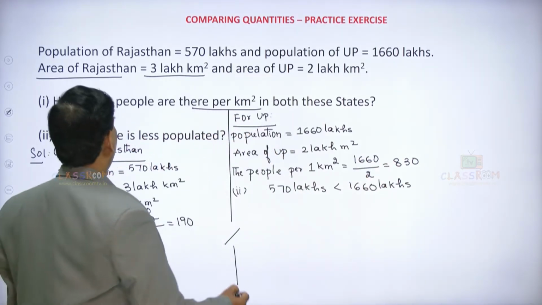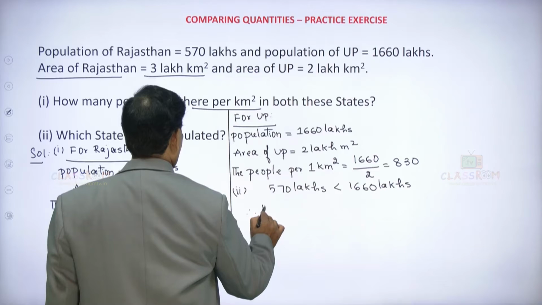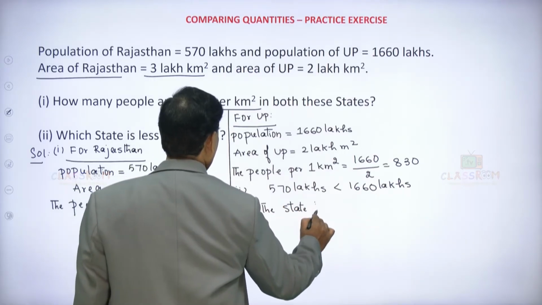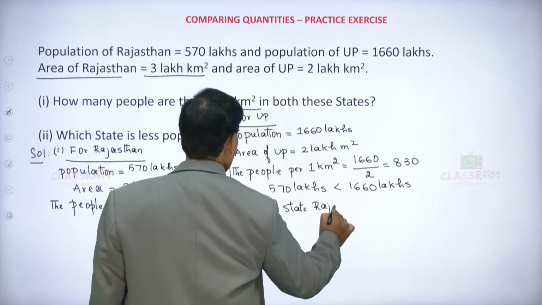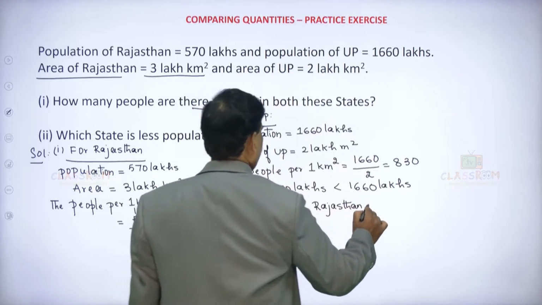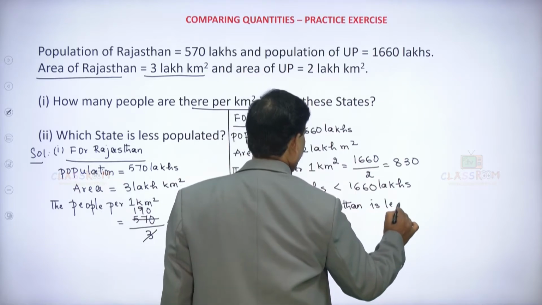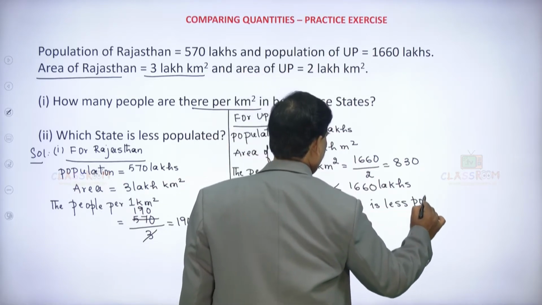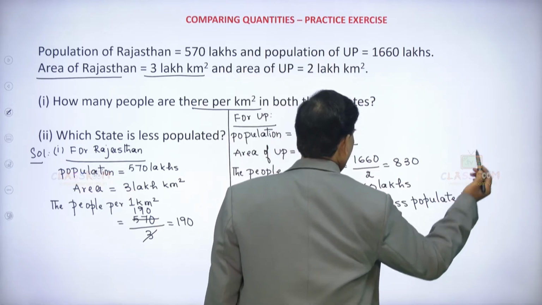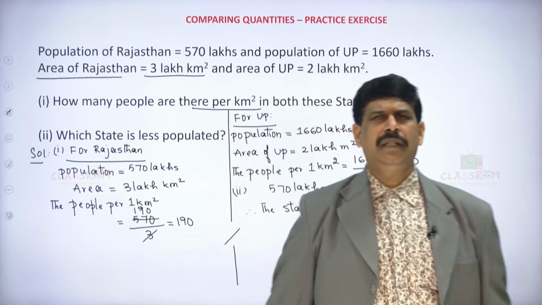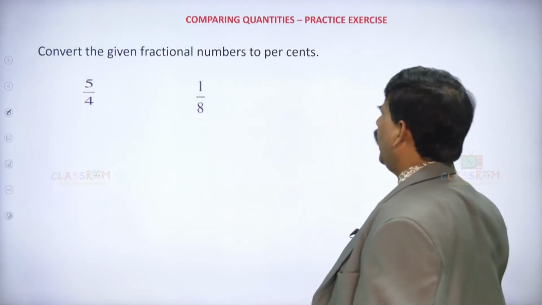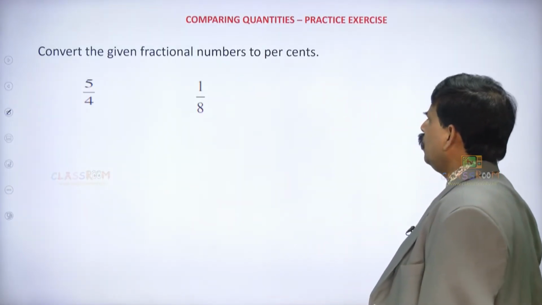So therefore, the state Rajasthan is less populated. Clear? So now, convert the given fractional numbers to percents.